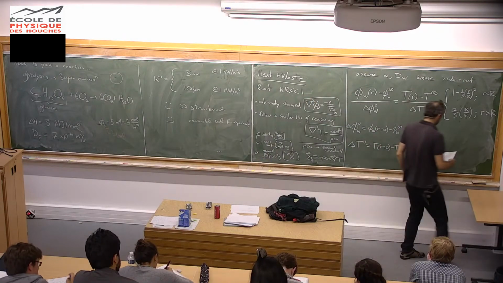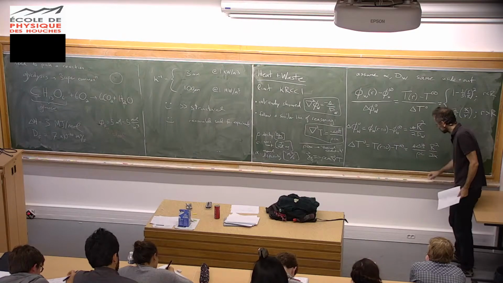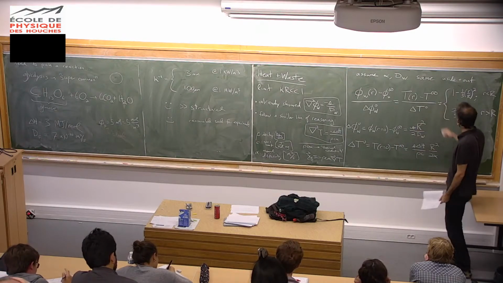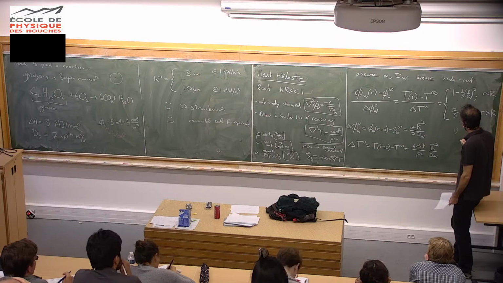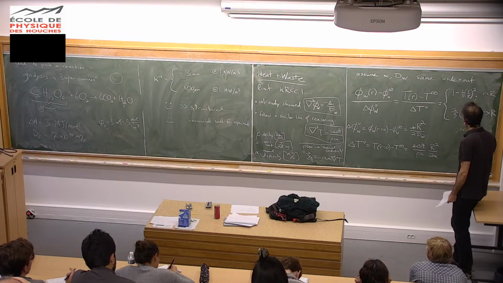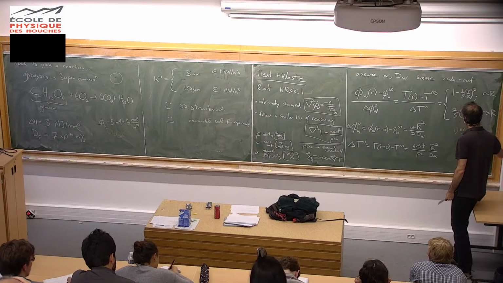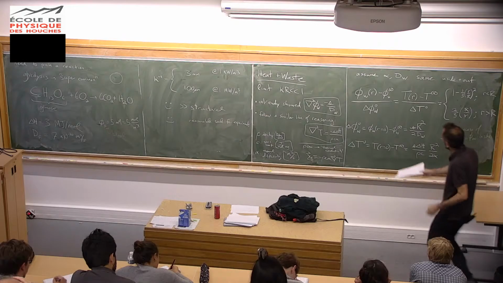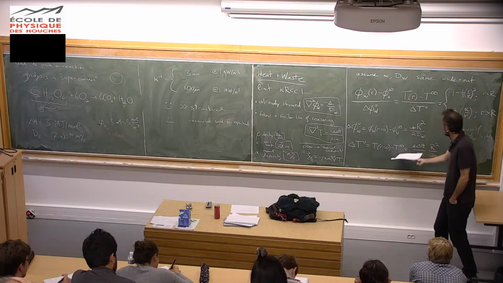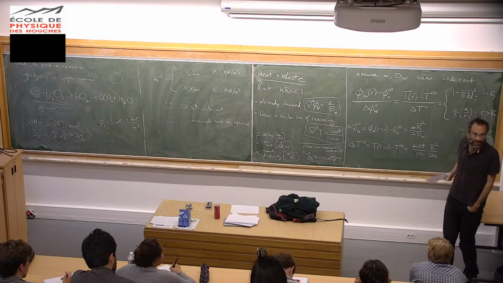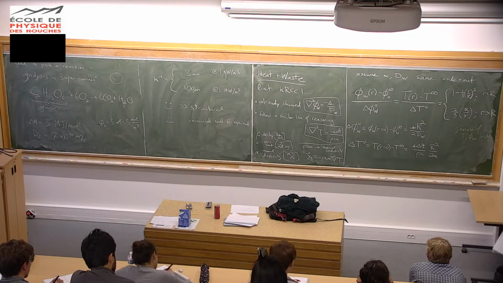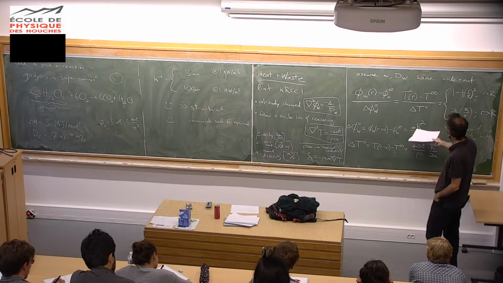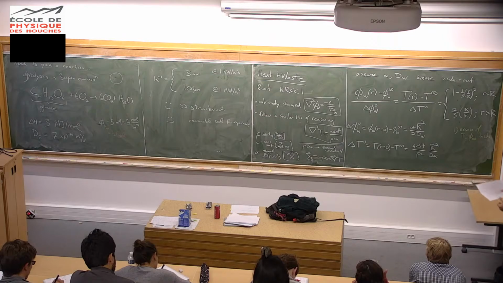So the two key observations from this solution are that there's an excess of temperature and waste inside the droplet. That T(0) minus T infinity is positive, right? So it's hotter inside of the droplet. And similarly, there's an excess of waste inside of the droplet, just as you would expect.